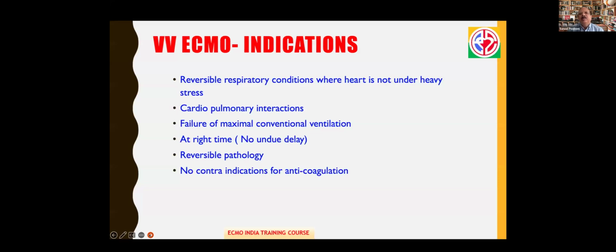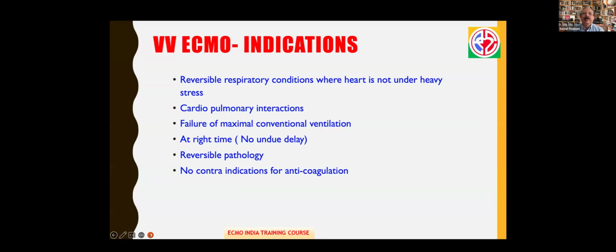The indications are more or less common in whatever age group, neonates, pediatrics, or adults. It has to be a reversible respiratory condition where the heart is not under stress. Maximal influence will be by removing the carbon dioxide and adding oxygen, but the process should be reversible.